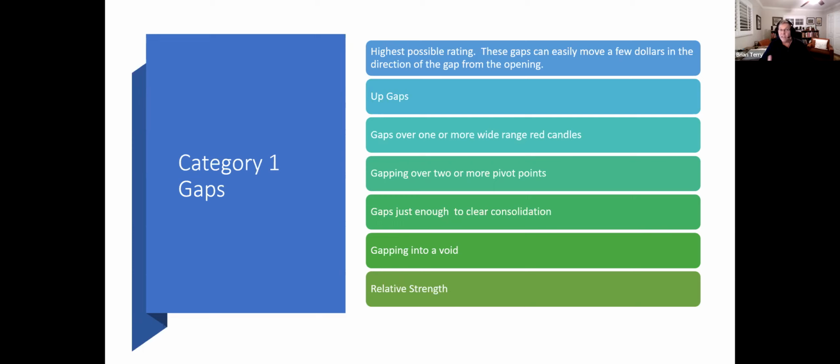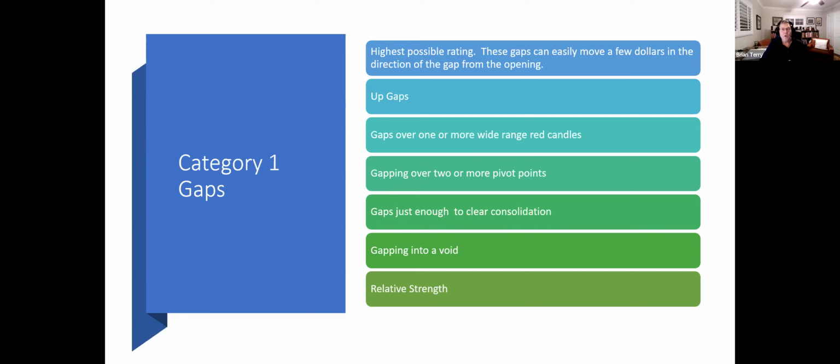We haven't even talked about options, and I'll talk about that at the end, but you could trade these gaps pretty much any way you want to. You can buy the stock, you can buy calls if you want to go long, or you could sell puts. And I think there are certain situations where you'd want to do one or the other. But first, let's just talk about the gap.